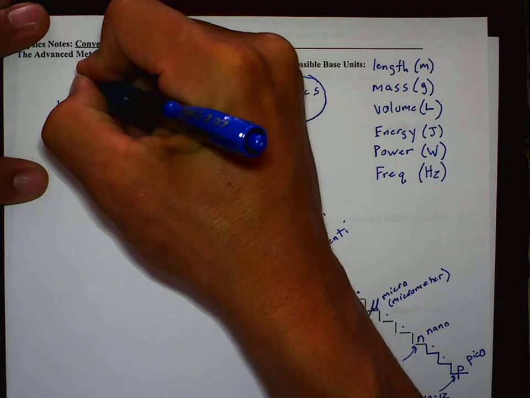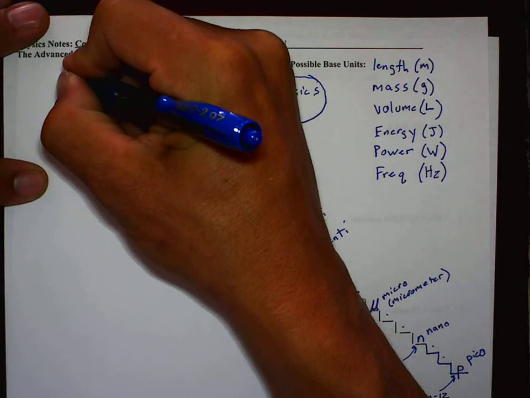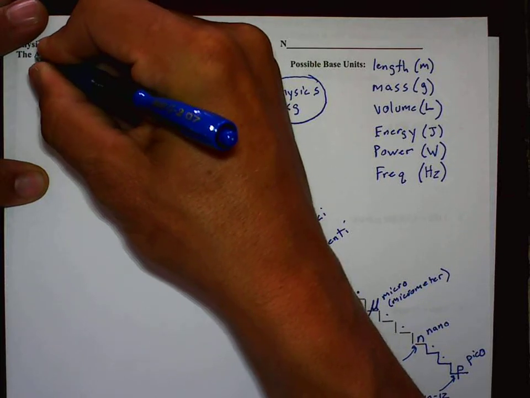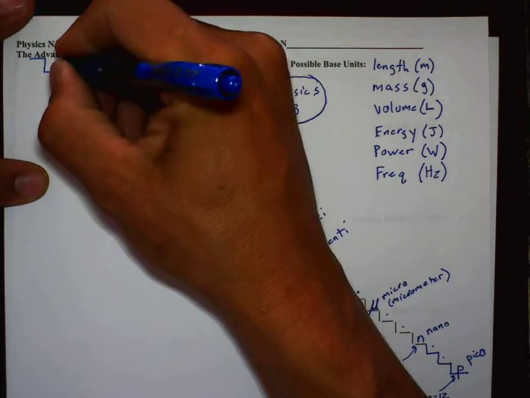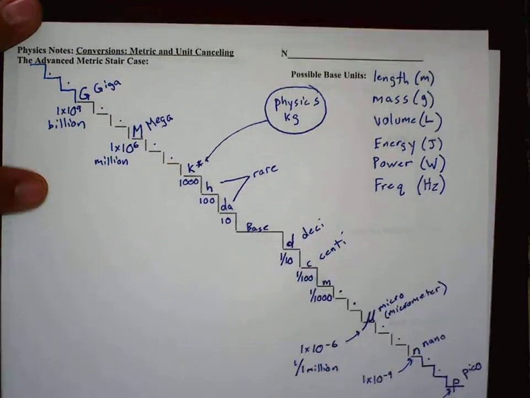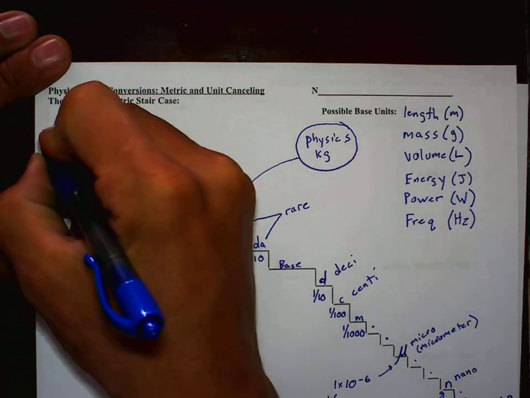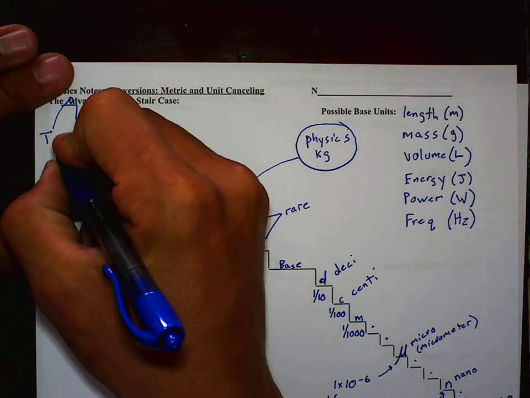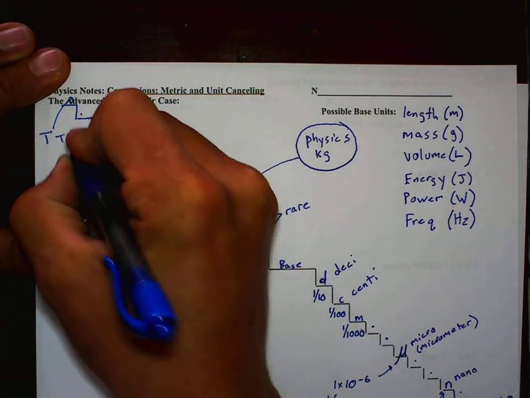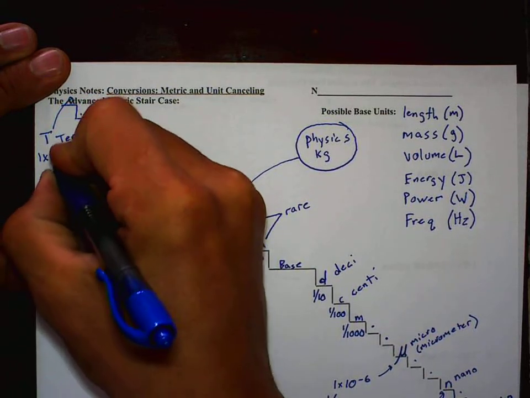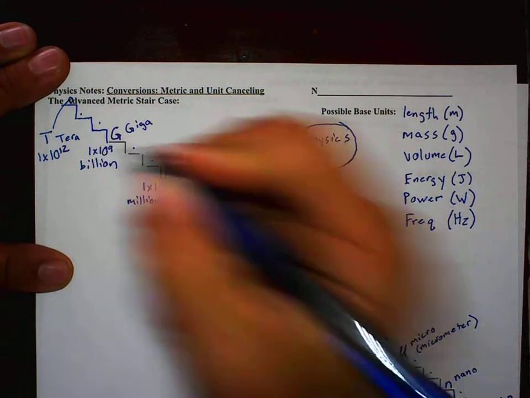I'm going to add some bonus stairs. We're going to run out of room. These 2 are unnamed. This top stair right here, capital T for tera. And it's 1 times 10 to the 12th of something.